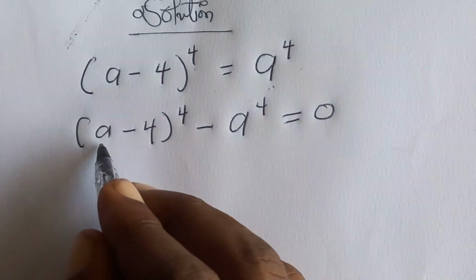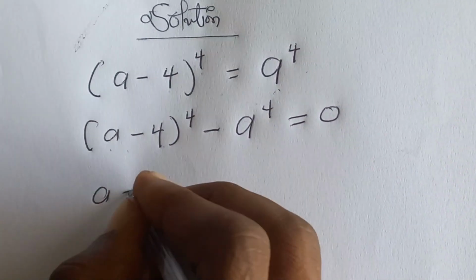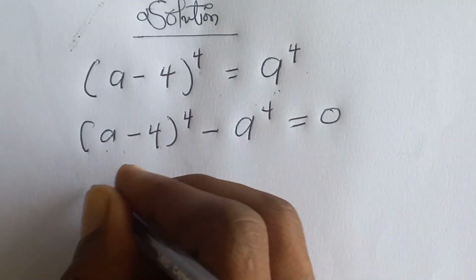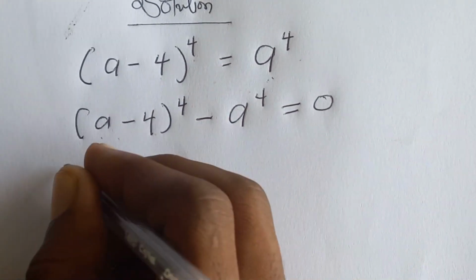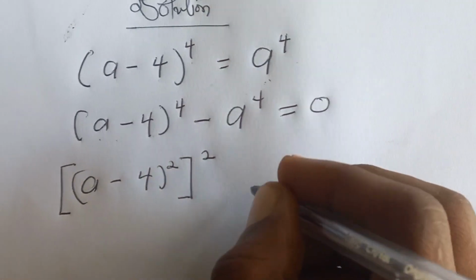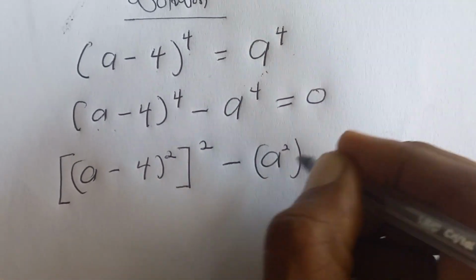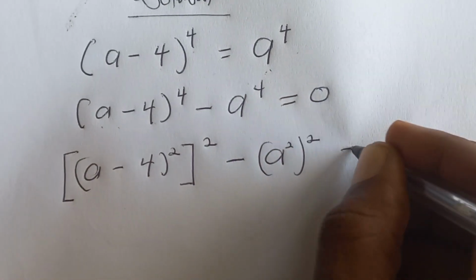Now, this (a minus 4) exponent 4 we can express as ((a minus 4) squared) squared, minus (a squared) squared, is equal to 0.